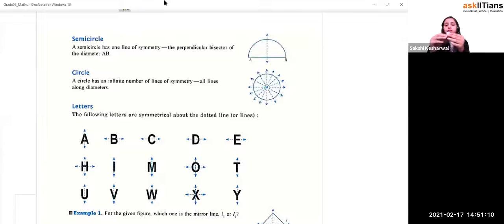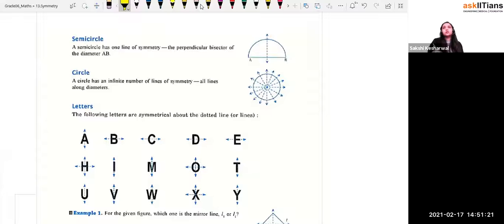A semicircle is divided into how many parts? Only one part, right? That's the line. Only one line of symmetry. But a circle, what is a circle? You can say it's not a polygon, it's like a limiting case of a polygon in which the number of sides is infinite.